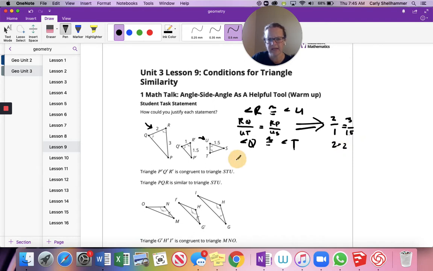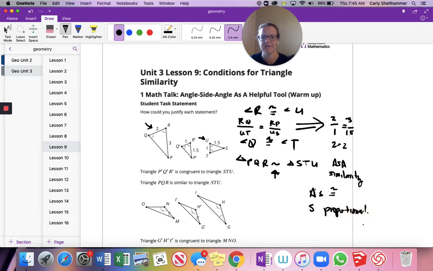So I can say that triangle PQR is similar to triangle STU. Did you see that similar symbol? Okay, that's important because of angle side angle similarity. And that means that the angles are congruent and the side is proportional.